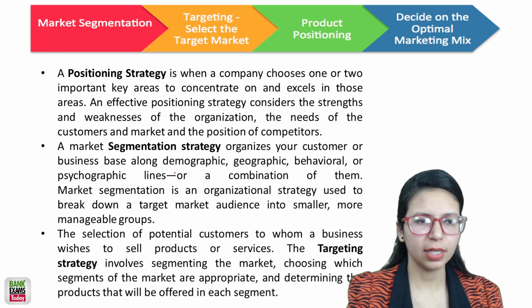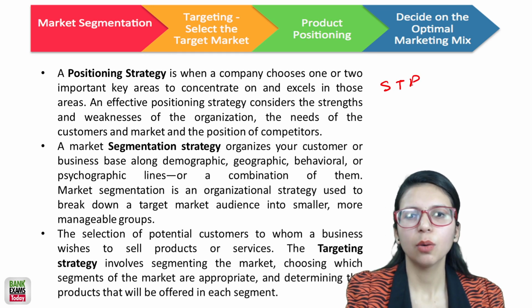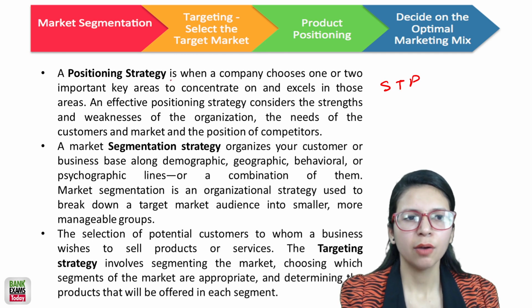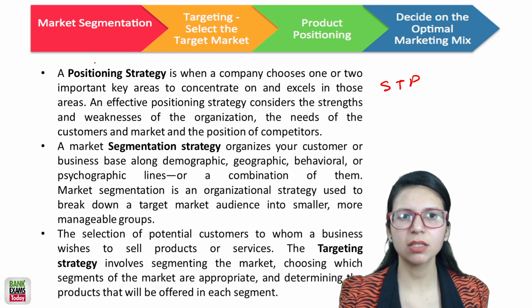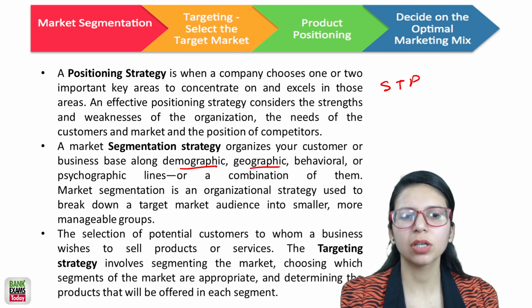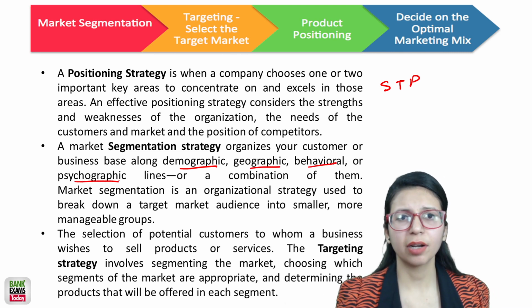Now this is again very important, this is the STP, which is segmentation, targeting and positioning, where first you will divide your market into different segments according to demography, geography, behavior, and psychography traits.